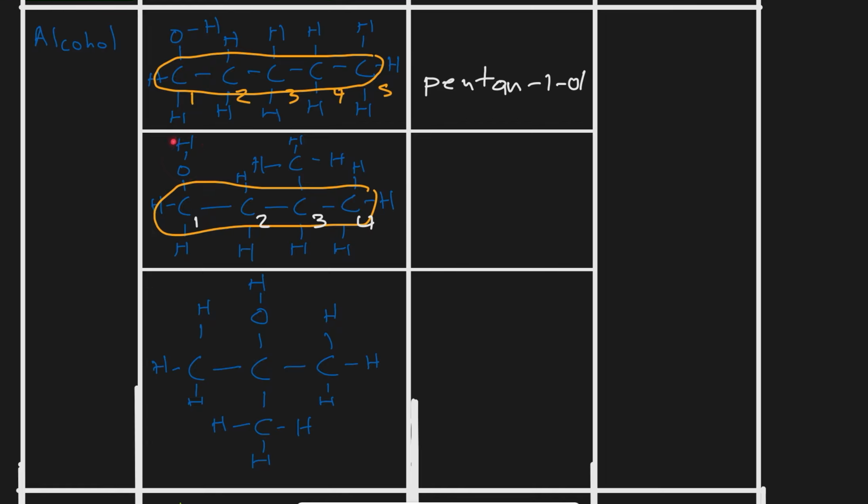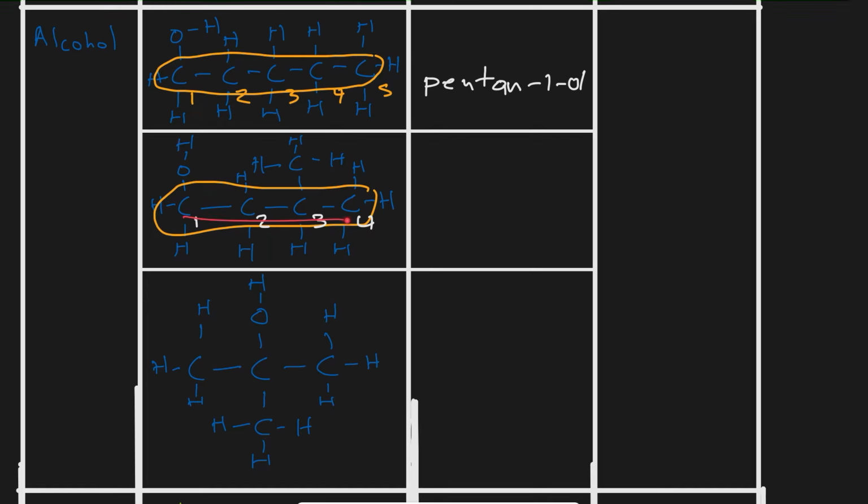So now once we have identified the main chain and then we have labeled it accordingly based on where the position of the functional group is, we can start to name the alcohol. So now remember, on the main chain we have how many? We have 4 carbons. So 4 carbons simply means but. But because it's alcohol, we're going to say butane. And then what is the position of the functional group, which is OH? It is in position number 1. So we're going to say 1 and then we say ol.